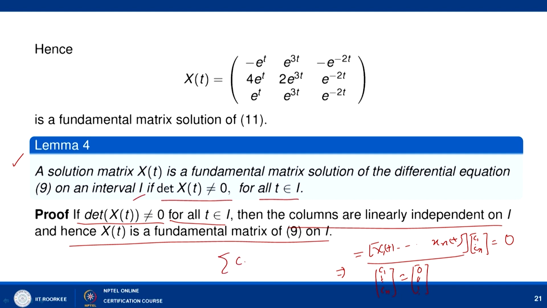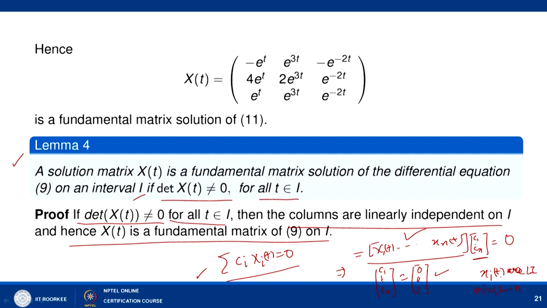This is nothing but the linear combination of Ci xi(t) equal to 0, so the linear combination has only a trivial solution, which proves the linear independence of the xi(t). Concretely, if the determinant of X(t) is non-zero, then the linear combination Ci xi(t) can be written in matrix form as X(t)C = 0. Since the determinant is non-zero, we take the inverse matrix and show that C1 to Cn are all 0, and hence the xi(t) are linearly independent for all i = 1, 2, ..., n.